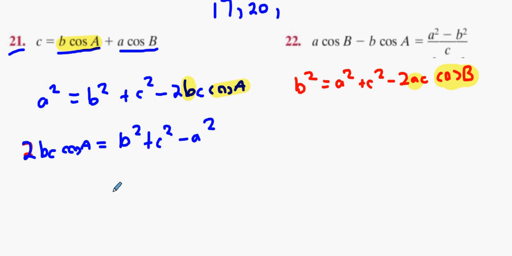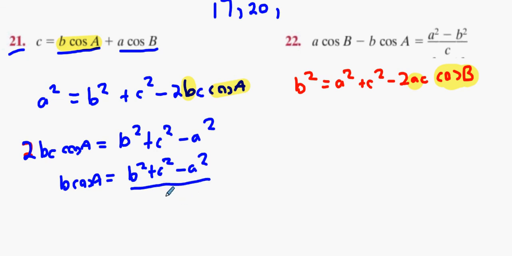And I'm going to divide it by the parts I want. I want to keep the b cos a, so I'm going to divide by the 2c. I'm going to take out the 2c there, so it's going to be b cos a equals b squared plus c squared minus a squared all over 2c.